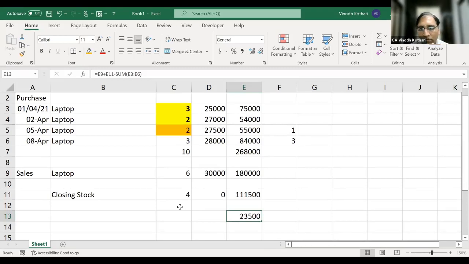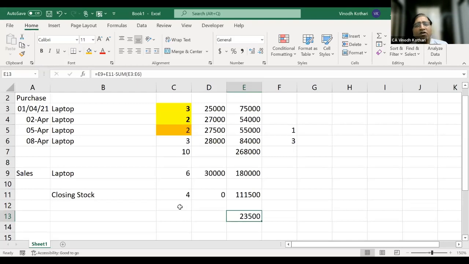Any doubt? This is a very simple, very basic method. Why you need to concentrate on this is, say for example, you are buying stationery and selling stationery. You don't value the stock properly. Instead of providing the cost price, you provide the sale price.